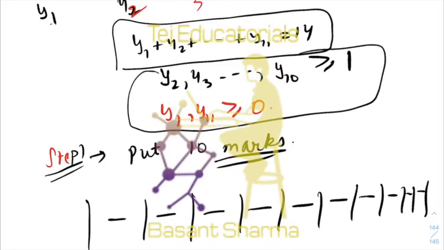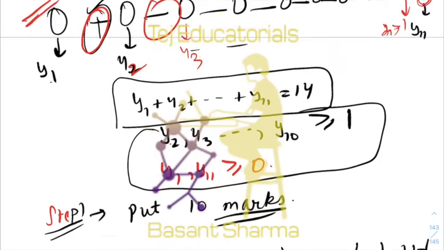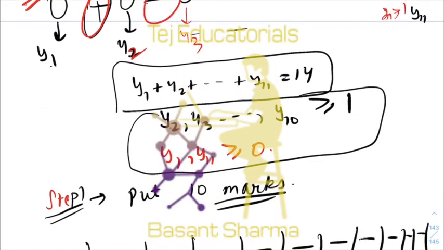Now, the number of solutions would be what? From y2 to y10, each should have a value greater than or equal to 1. The way I'm modeling this problem is that you distribute 14 identical objects amongst 11 people.